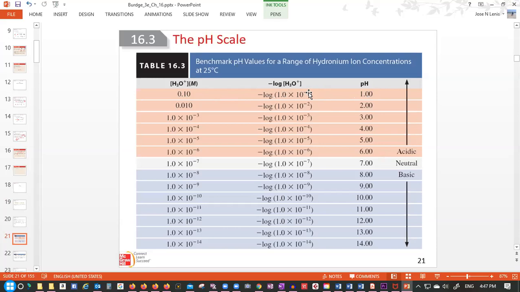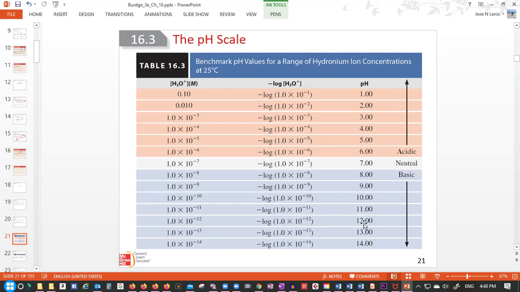Look at the exponent and the pH number. This is 0.01, this is 10 to the negative 2. That's the concentration of H+, and look at the pH, 2. Look at the exponent here, 1 times 10 to the negative 3, pH 3, and so on and so forth. 1 times 10 to the negative 12, pH 12. Remember, it's negative log of that concentration that gives you 12.